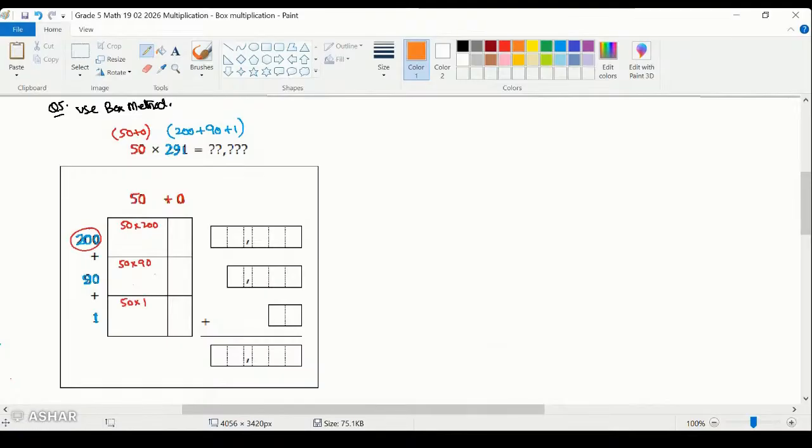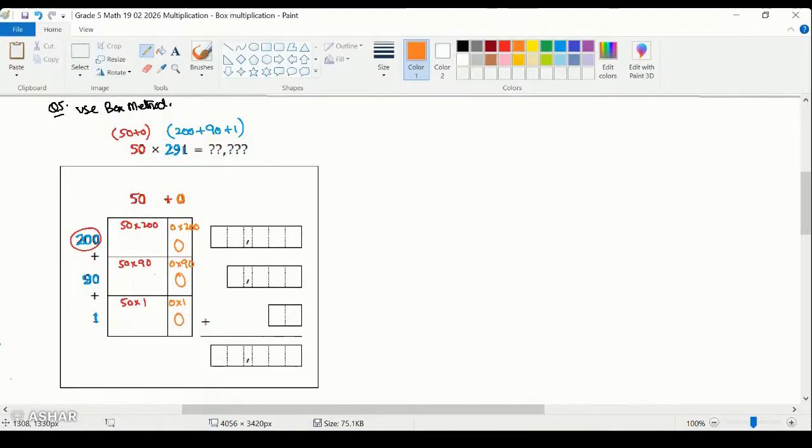For the next set of values, 0 is multiplied by 200, 0 is multiplied by 90, and 0 is multiplied by 1. We know the rule that whenever 0 is multiplied by any number, the answer would be 0, right? So they all become 0.